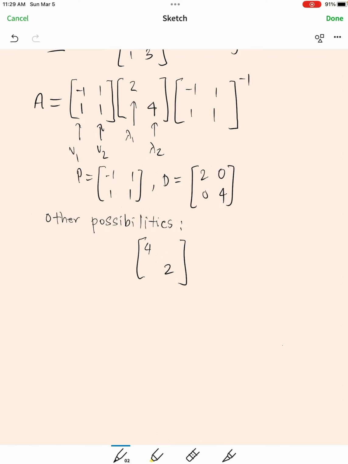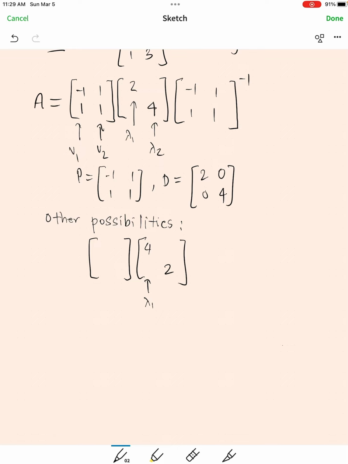It's not necessarily the case that the 2 has to come first and then the 4. It could be the 4 and the 2. However, if you make it like this, can you keep the same P?